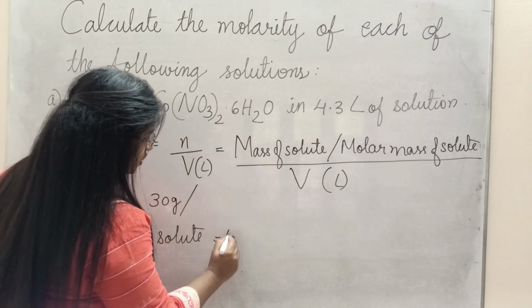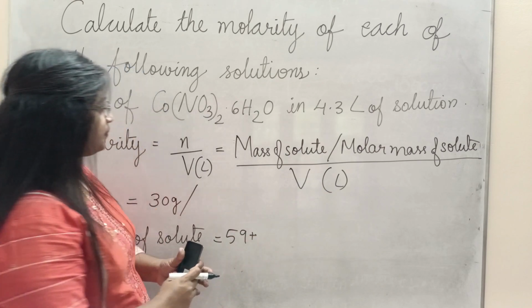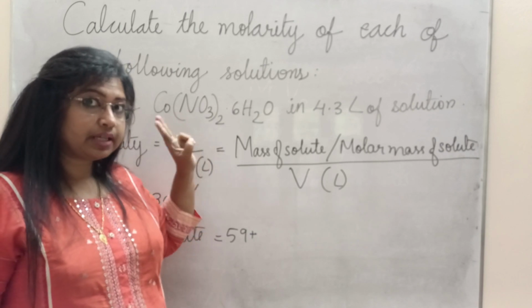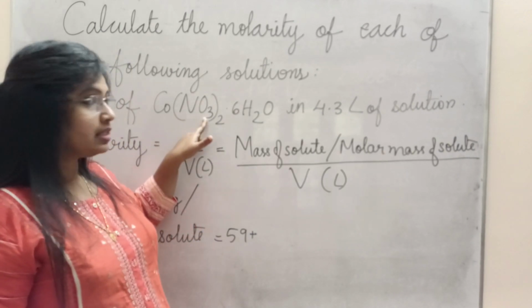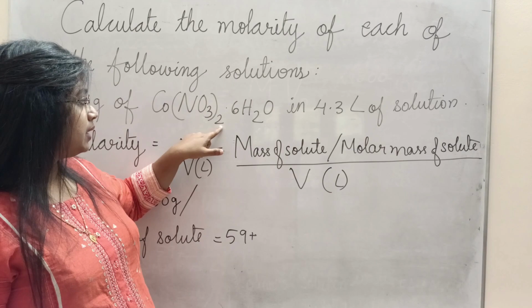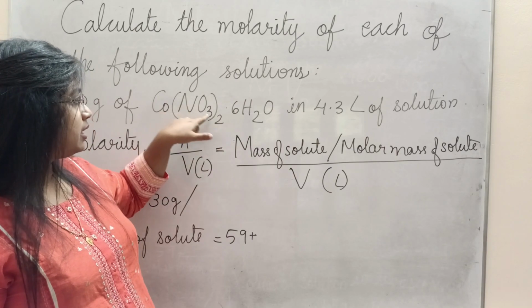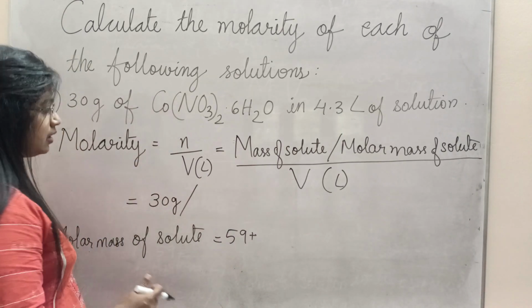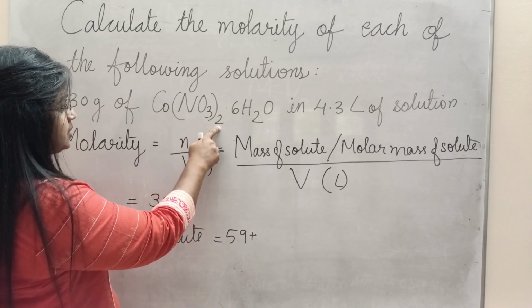Cobalt is 59 plus, looking here, the nitrate radical occurs twice. Okay, this is the nitrate radical. So multiply this 2 with the nitrogen and 3 oxygen atoms. So 2 times nitrogen.